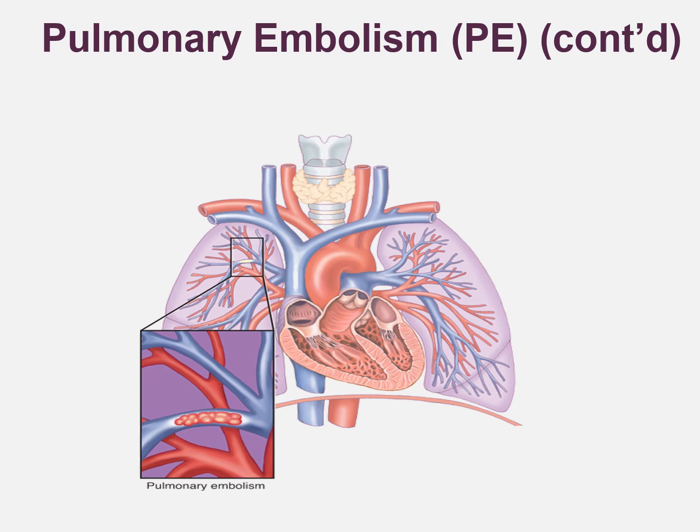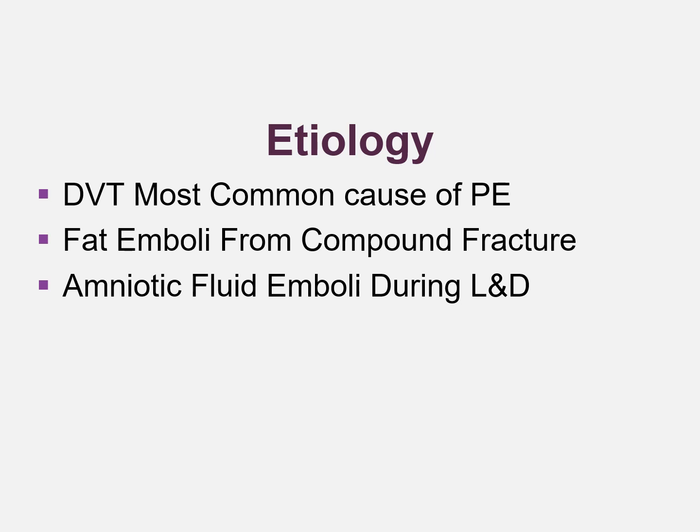So this is showing you the occlusion with the pulmonary embolism, and that could lead to an infarction because once the tissue there, if it gets totally occluded, it's going to die. The DVT is the most common cause of pulmonary embolism. Fat emboli can also cause them, and this can occur with a compound fracture or trauma.